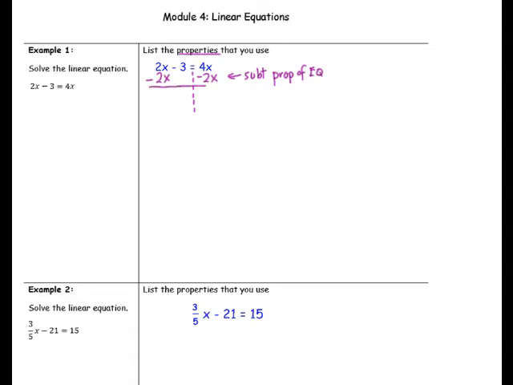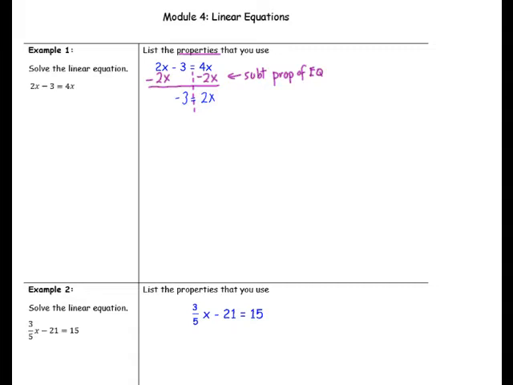We simplify that. 2x minus 2x is equal to 0x. And that gives us, on the left, negative 3. On the right, 4x minus 2x is 2x. 2x means 2 times x.